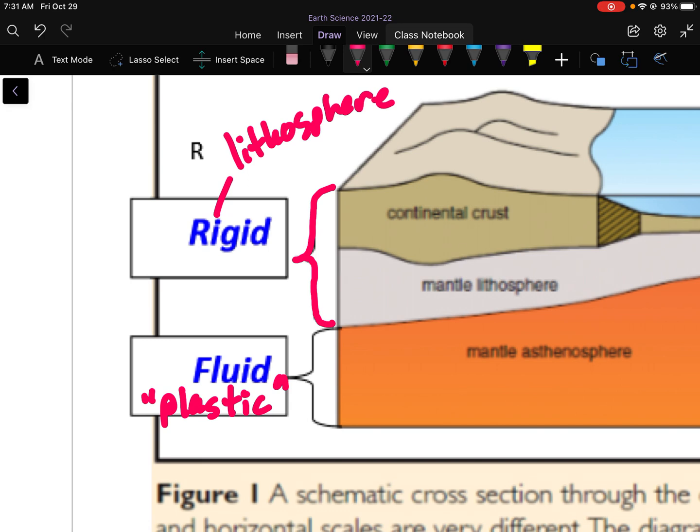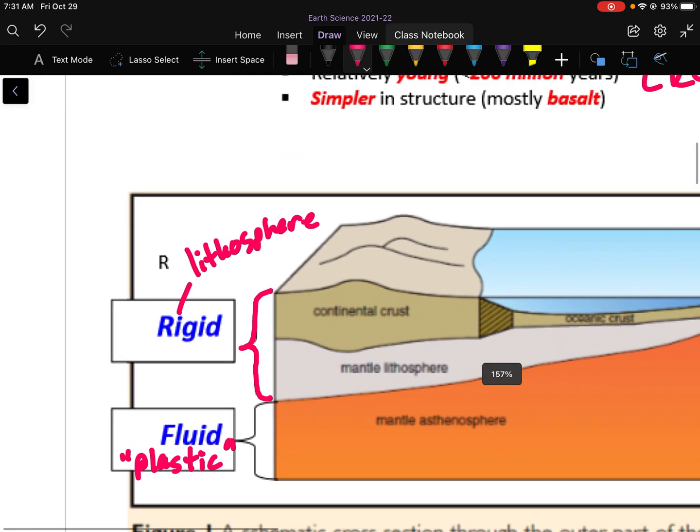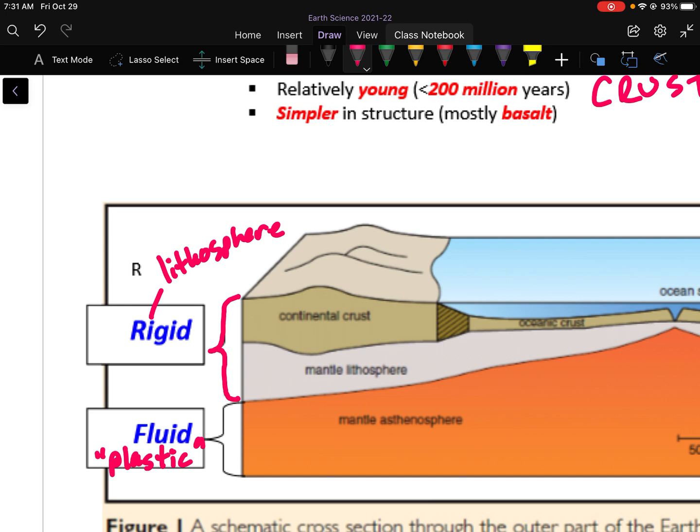It's not that the mantle is partially melted, because the upper part of the mantle is solid and it's part of the lithosphere. If that is hard to remember, you could think of it like this: the lithosphere equals the crust plus upper mantle, whereas the asthenosphere is the partially melted part of the mantle.